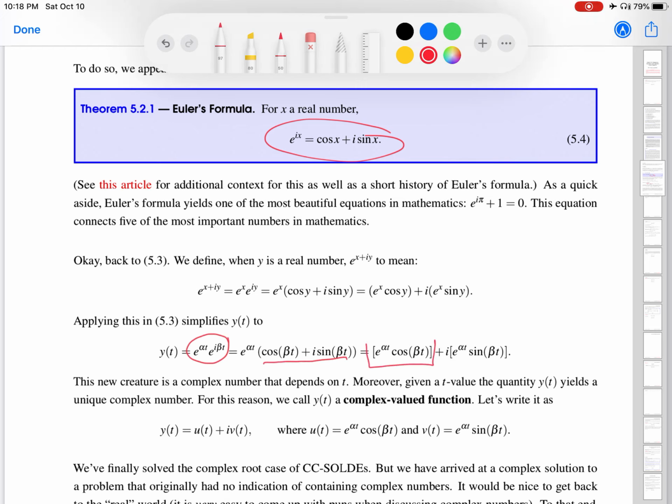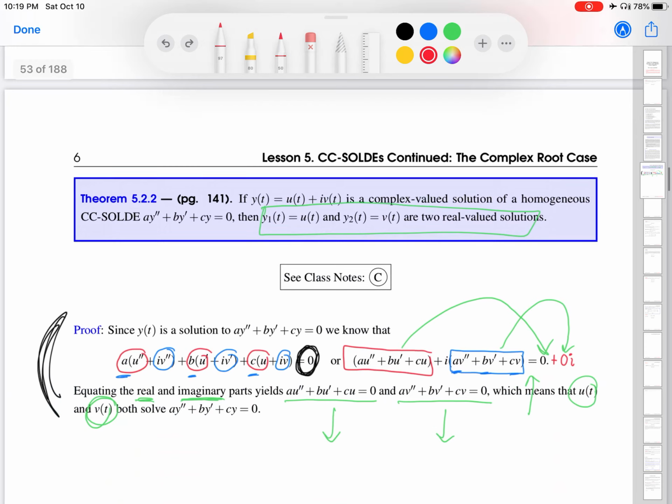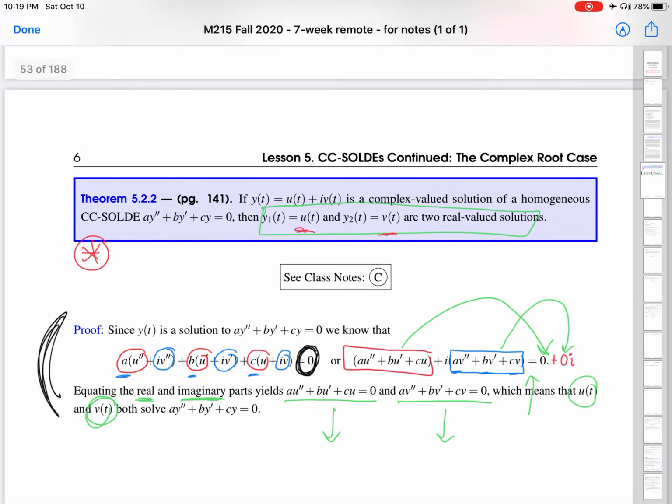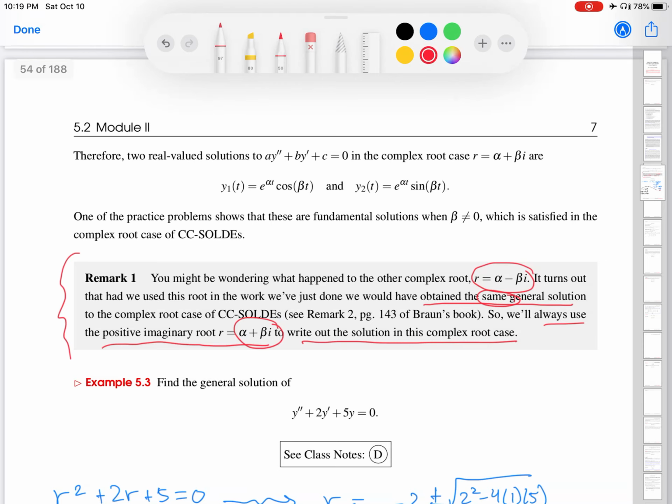And that gave us something that had the form u of t plus i v of t, and that kicked in the theorem that we discussed in the previous video. So it's from there that we extracted the u and v solutions, which led us to what we're using now, this form for the fundamental solutions to the constant coefficient ODE in the complex case.